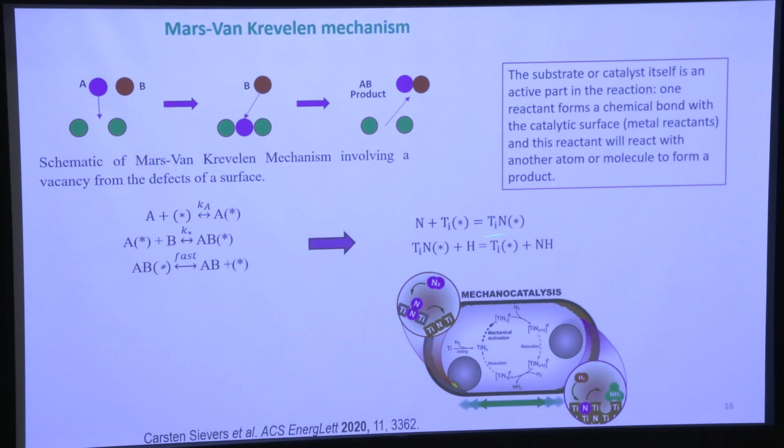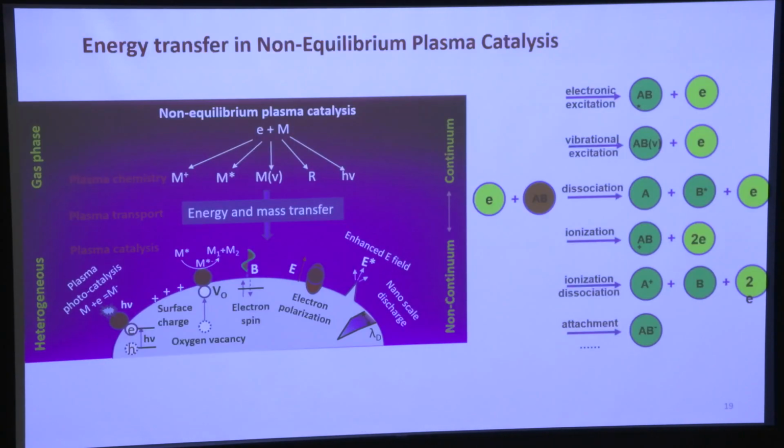So I think that if we were using a plasma process, the plasma is very efficient at generating H radicals in the gas phase at low temperature. And also the plasma is very efficient at generating N atoms in the gas phase that will dramatically accelerate this MvK mechanism. So, all right.